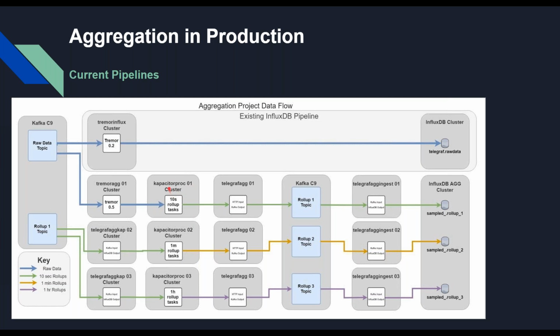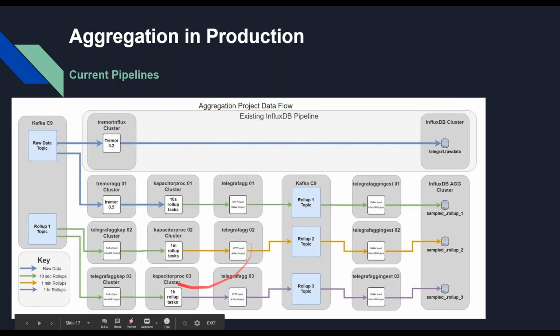Kapacitor is only set up to directly write to an InfluxDB HTTP API. So the only way we could get the data from Kapacitor to Kafka was to have a layer of Telegraf, which was just listening on that HTTP endpoint and had a Kafka output plugin configured for it. And then once we have the data in Kafka, we'd need a layer to get it back into Influx, which is why we end up with these layers here.